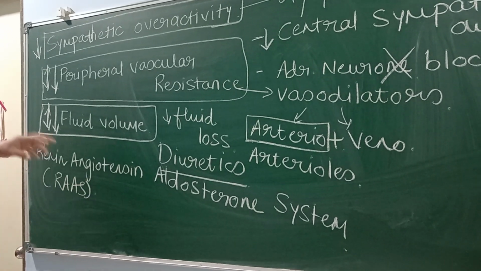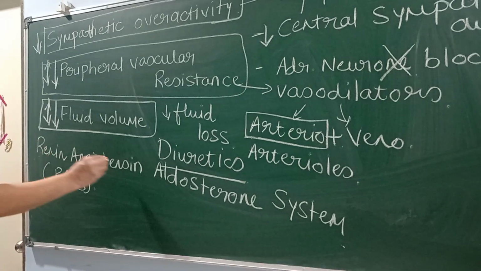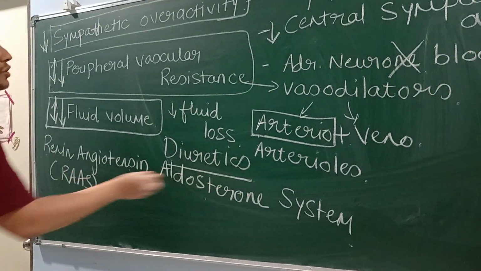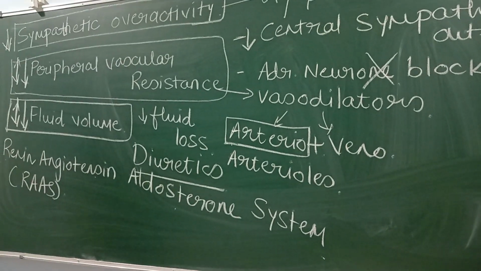So there is a fourth group of drugs, that is, drugs acting on the renin, angiotensin, aldosterone system. They are also used as antihypertensive agents.